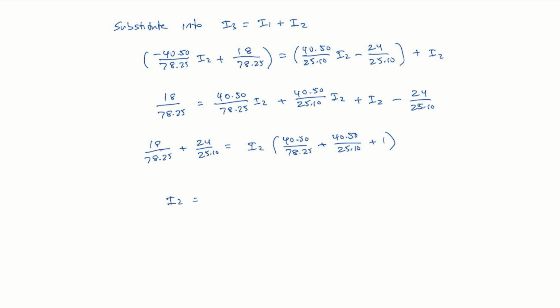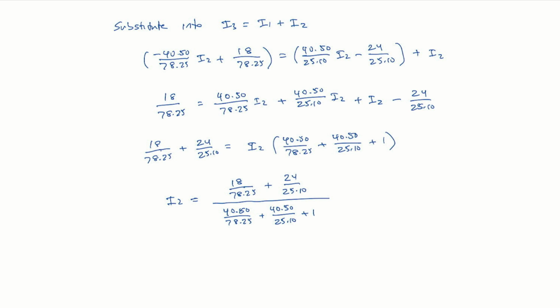So I2 is 18 over 78.25 plus 24 over 25.10, all of that divided by 40.50 over 78.25 plus 40.50 over 25.10 plus 1.